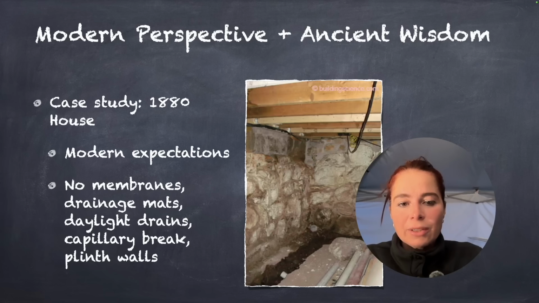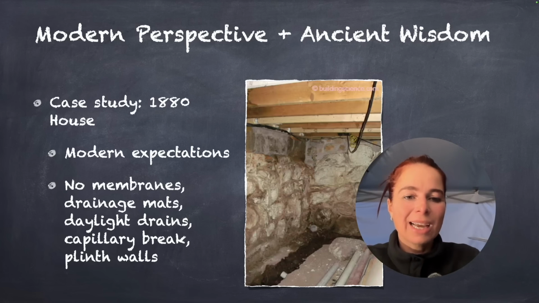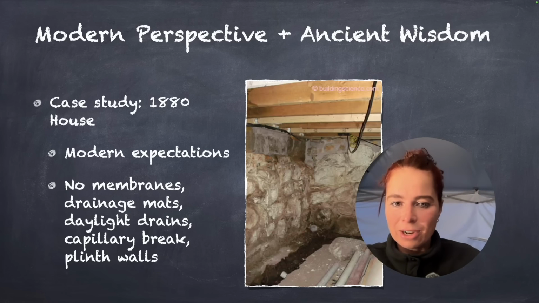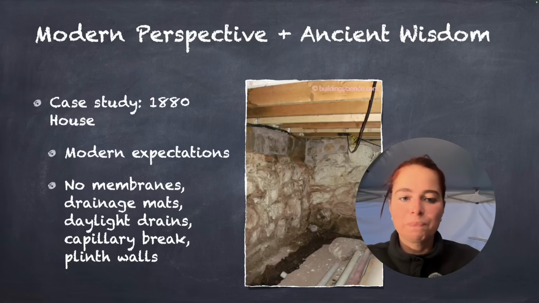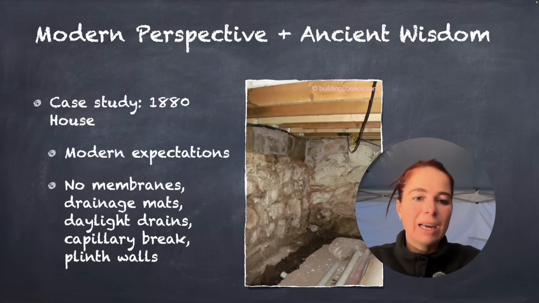What was done here is not a rubble trench in any way, but it also illustrates that just because something is made of rubble and made in an older way does not mean it's going to be healthy. So let's take a look at this and understand what they did and where it went wrong, and understand we're not going to do something like that, right? We know better.